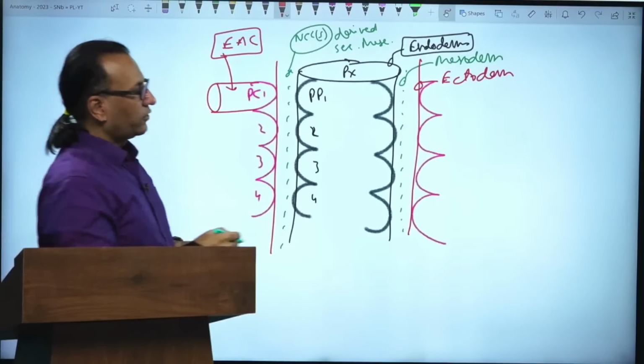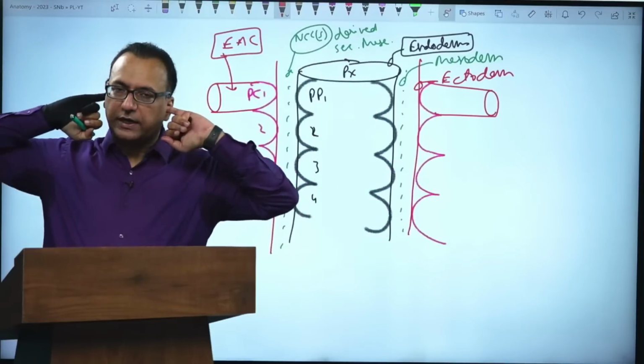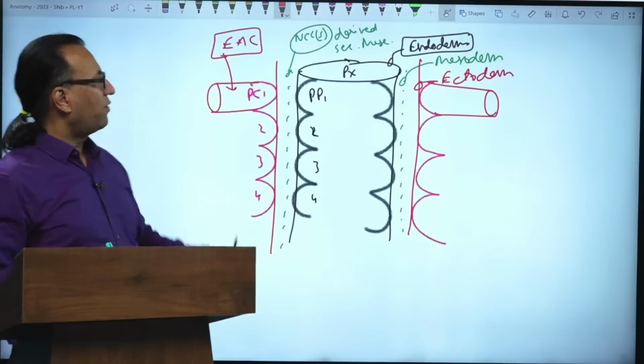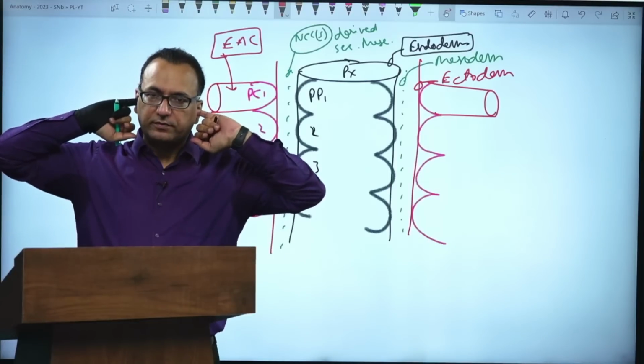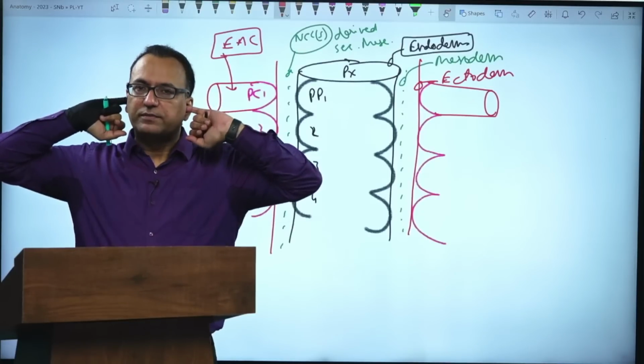Not only this side but also that side, because we have external auditory meatus on both sides, of course. So pharyngeal cleft number 1 becomes external auditory meatus lined by surface epithelium, surface ectoderm.